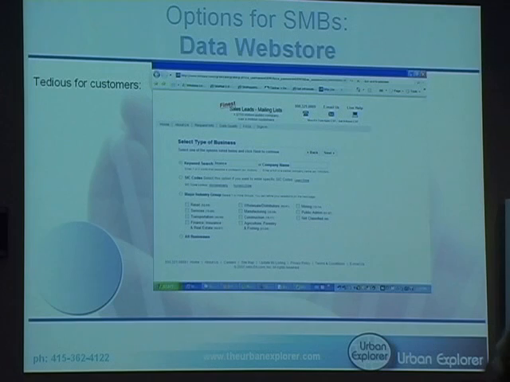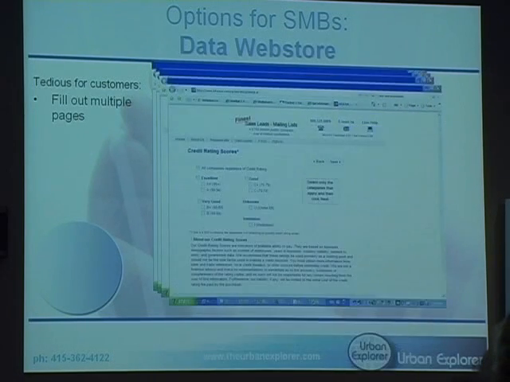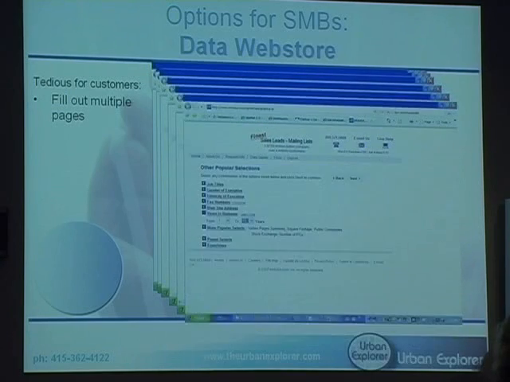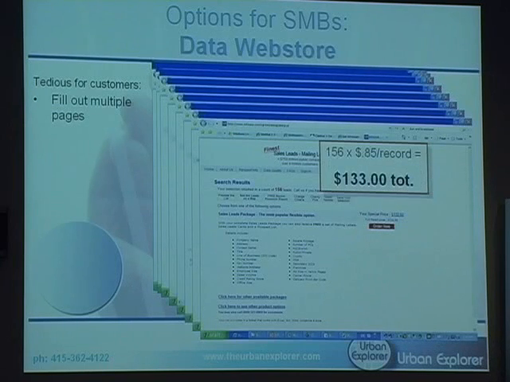So you come to a list as a small business and you ask a question, fill out a page, another page, another page, another page, another page. And at the end of all of that, you're told that congratulations, you're paying by the record. You found 156 records, and by the way, your total is $133.